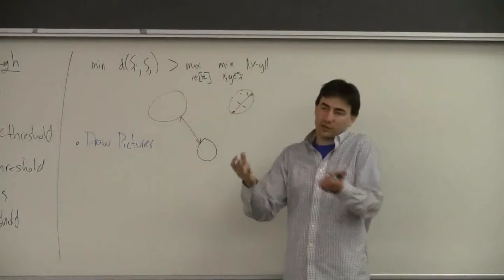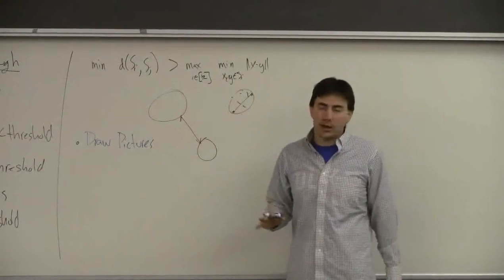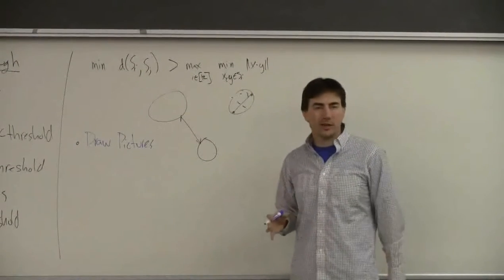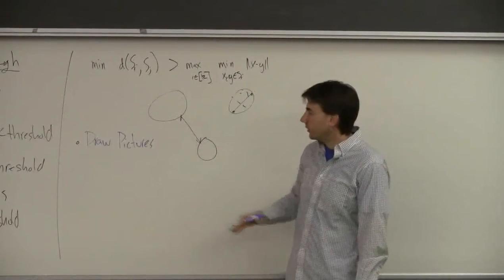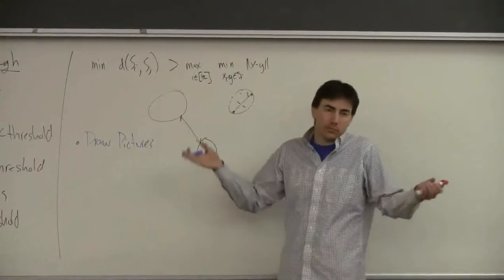So if your data is in 2D, or you can somehow embed it in 2D, and we'll talk about embedding techniques in a few weeks, then you can kind of see what the clusters look like, and if they look reasonable, okay.